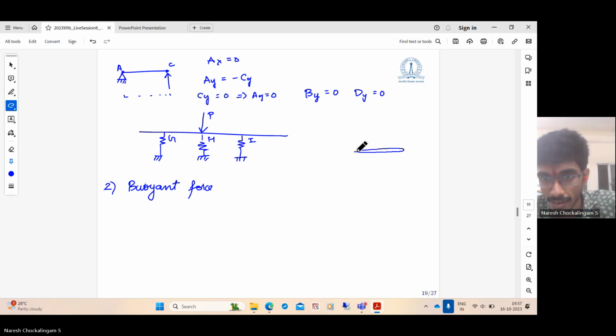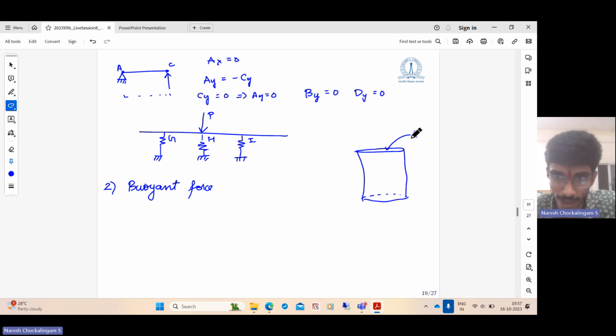So let me draw the cylindrical part of it. It has a cross-sectional area A, and it is partially immersed in water. And let us say this is the equilibrium level, at which it floats in equilibrium.